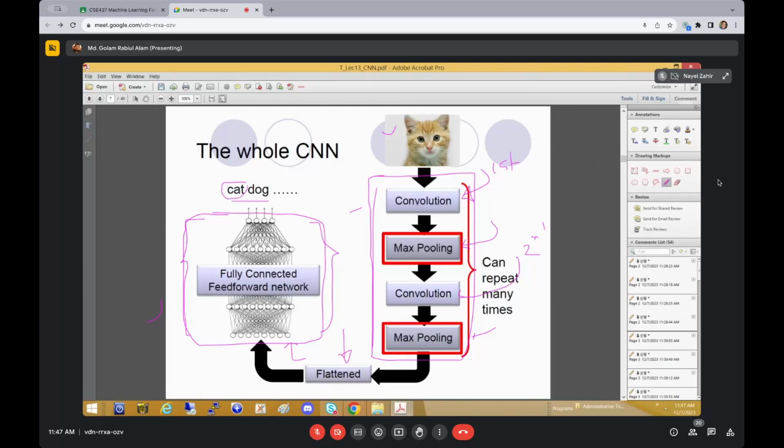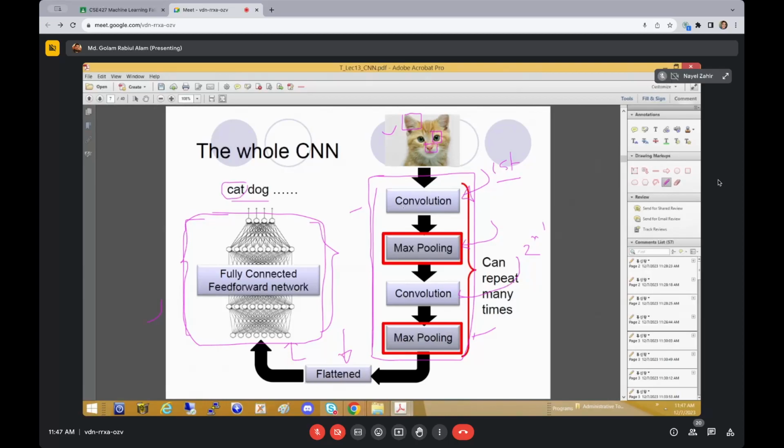Here, maybe one of the filters will find out the features of ears, and the features of nose and eyes. So several detectors we need to introduce.